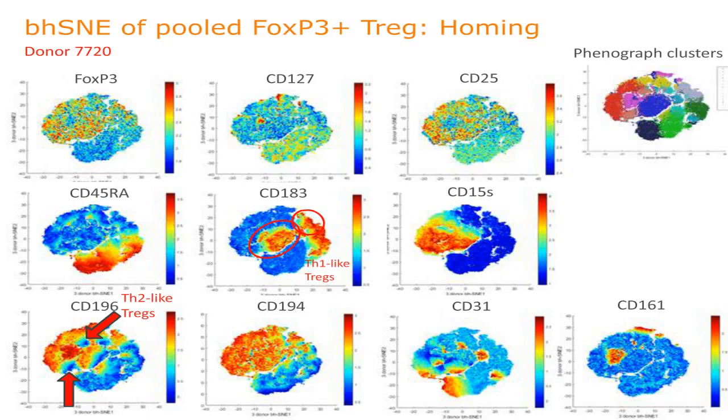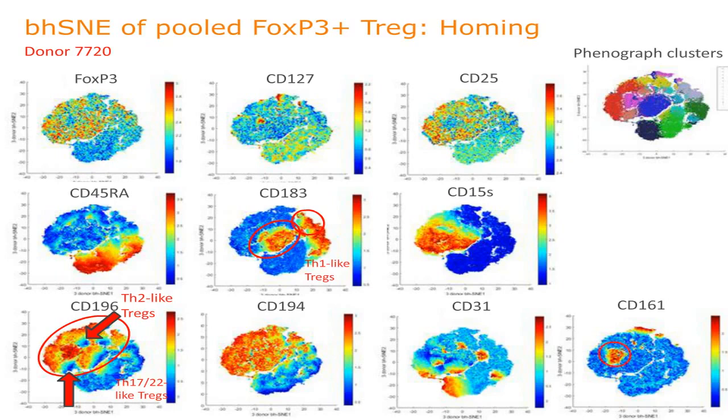We also can look at our Th2-like T regulatory cells based off the CD196 expression, and when we look at our phenograph clusters, again, they show up as this more pinkish population here. So we also can see that we have our Th17 and 22-like T regulatory cells, and all of those fall into all sorts of different clusters within themselves.